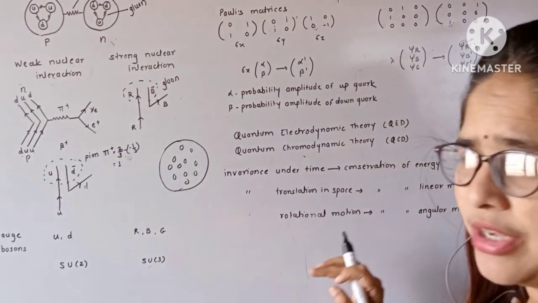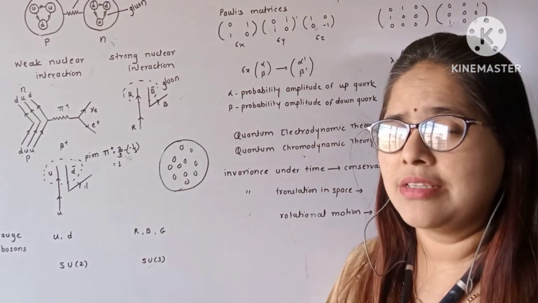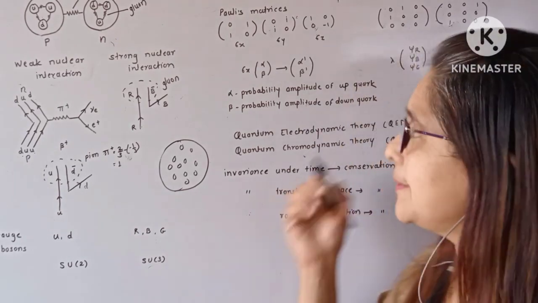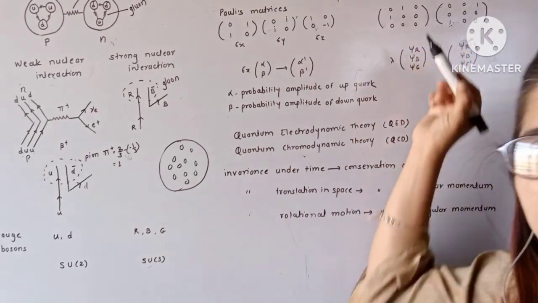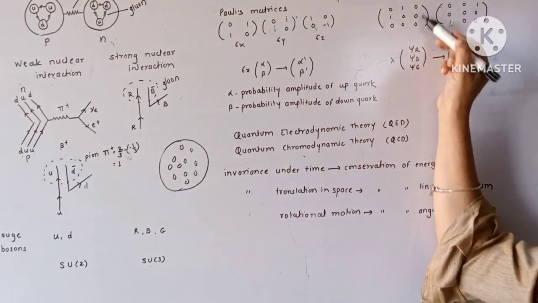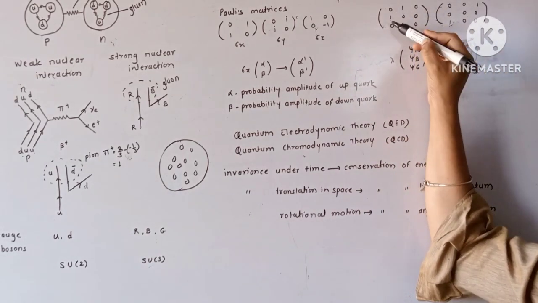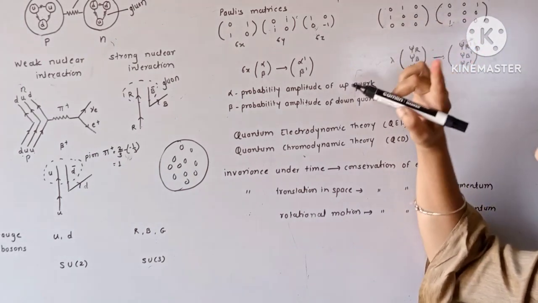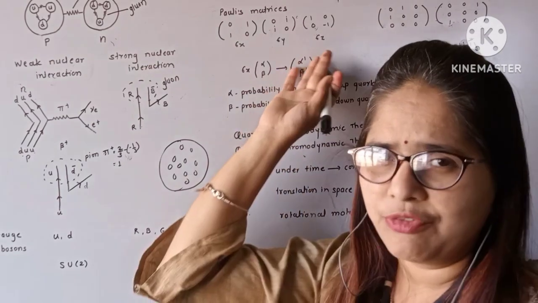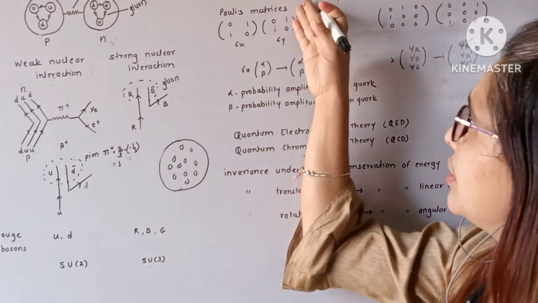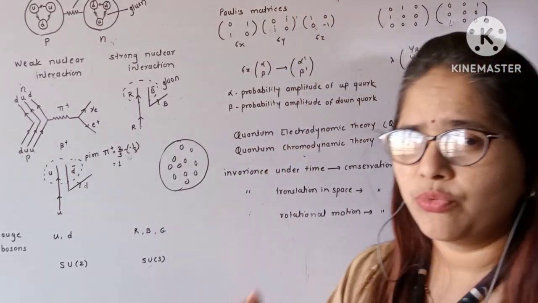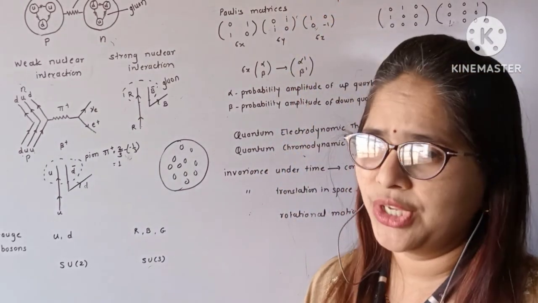Similarly, as we have seen, three basic particles are involved in a strong nuclear interaction. So SU3 is a special unitary matrix of 3 by 3, and I have given an example. The trace is 0 and the determinant will be 1. Different 8 to 9 types of matrices can be formed to satisfy this condition, determinant equal to 1 and trace equal to 0.